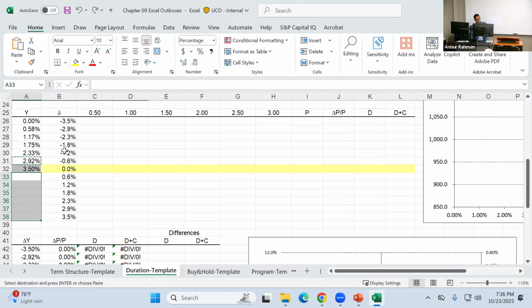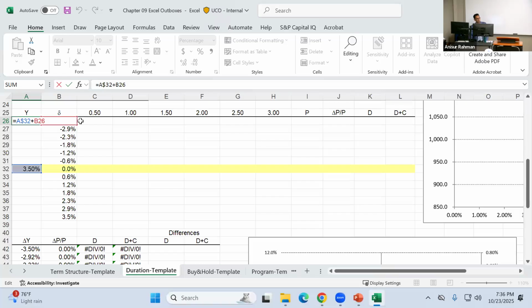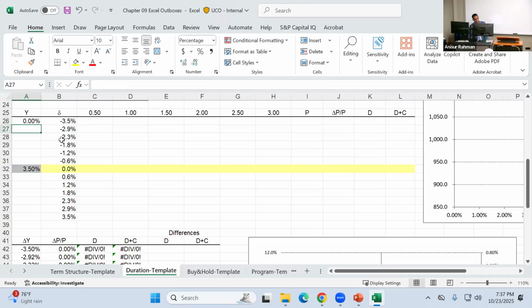Can you go back up to I26? Yeah. Now pull down up to 31 without formatting. Now copy, do not overwrite here, 32. Control C. I have a different figure here.